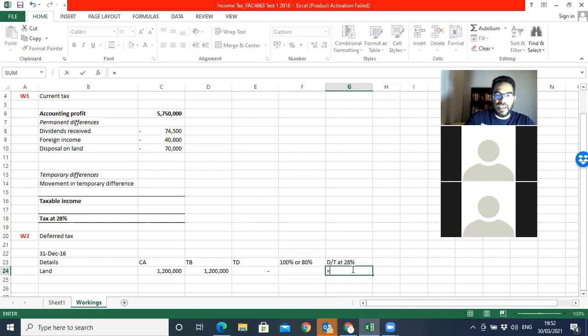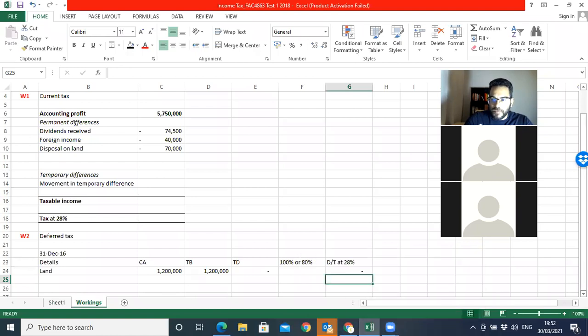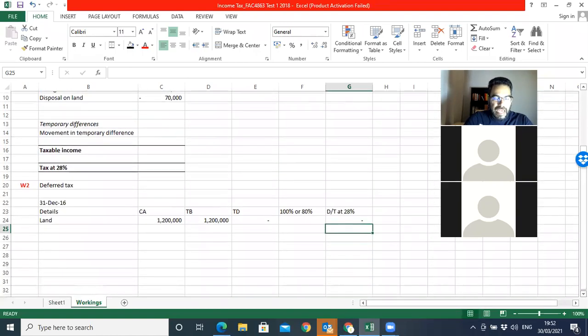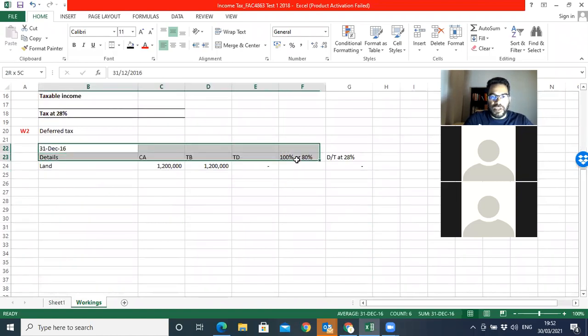So all I'm going to say is equal to temporary difference multiplied by blank. There's no need to put 100 or 80 because there's nothing, and then multiplied by 28%. Okay, so that is that one. Then let's move on to the next one. I was going to do 2017 at the same time so that we don't need to read the same information again.